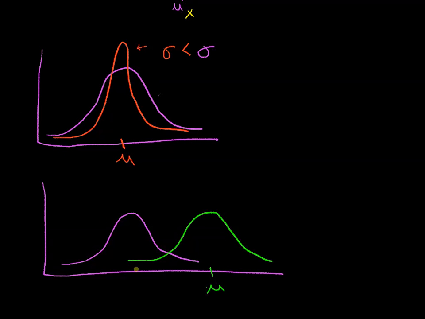The mean of the purple curve is back here. So the mean of the purple curve is less than the mean of the green curve. However, the spread for both these curves, if my drawing is good, is approximately the same. So this is an example of different means, though the same standard deviation.